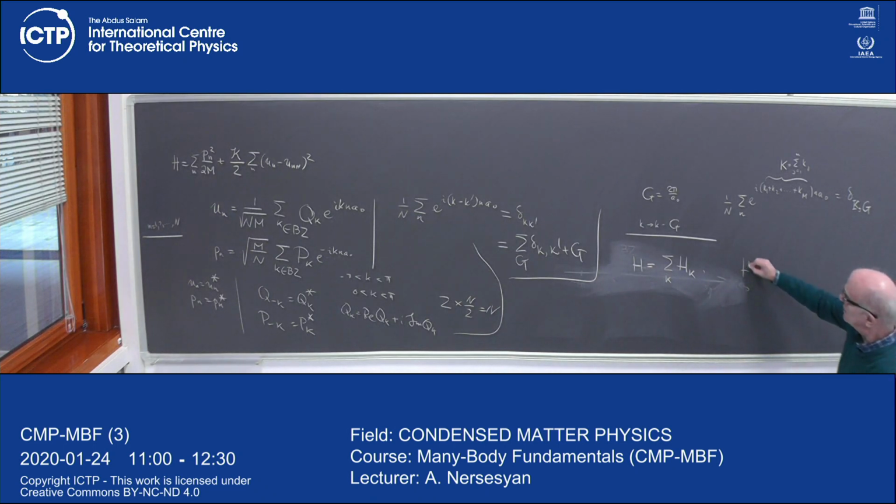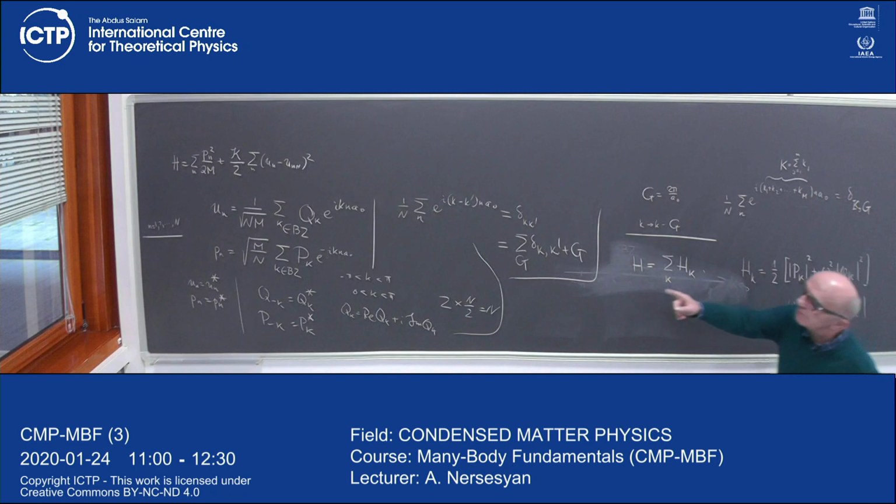And h of k, it's easy to anticipate, is 1/2 of |p_k| squared plus omega_k squared |q_k| squared, where omega k, that's a separate problem we have assumed you have already solved, is given by twice, if I'm not mistaken, the square root of the spring constant divided by the mass, times the absolute value of sine of k a naught divided by 2. This is what you get. So this is the exact spectrum of this model.